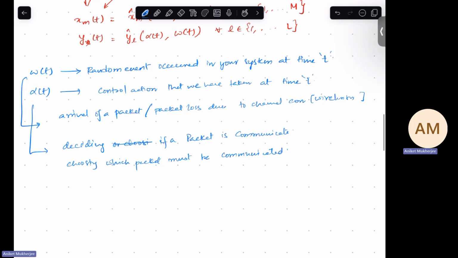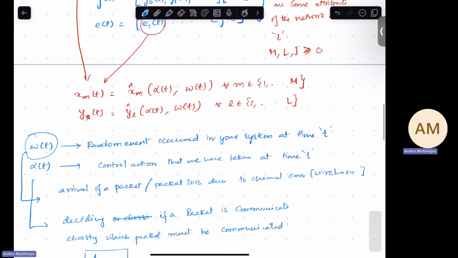So from now, the most general thing I'll make is alpha t is basically a set of actions that you have, a set A omega t. So depending on what has happened at that time instant t, you will generate a set A omega t of actions that you can probably take. Right. So based on that set, you'll pick one of the actions from that set and you'll execute that action.